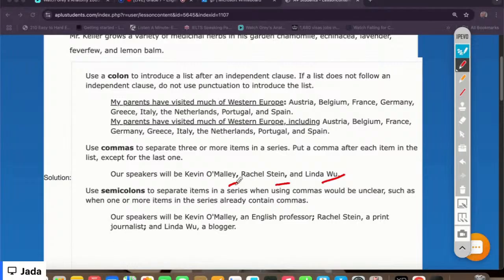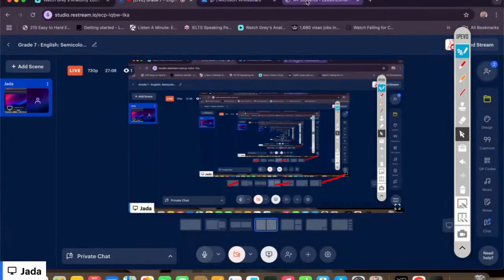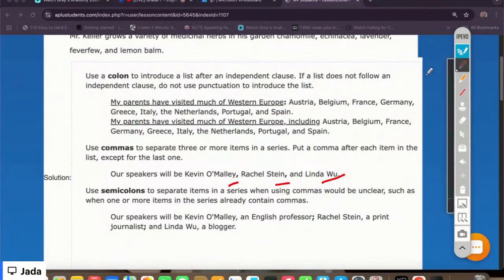So a semicolon is used to separate items in a series when using commas would be unclear, such as when one or more items in the series already contain commas. So if it would be unclear to use a comma, you have to use a semicolon to separate them.